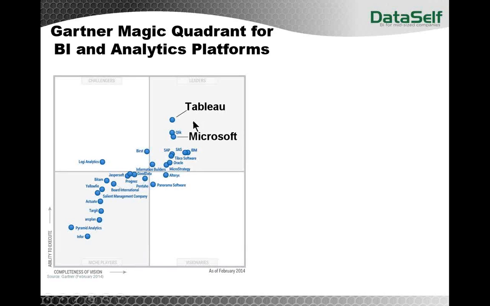Right now, Tableau is the leader in dashboarding and ease-of-use analytics for Fortune 2000 companies, and Microsoft is considered the best-of-breed technology for BI infrastructure. What about DataSelf? What about you guys here?